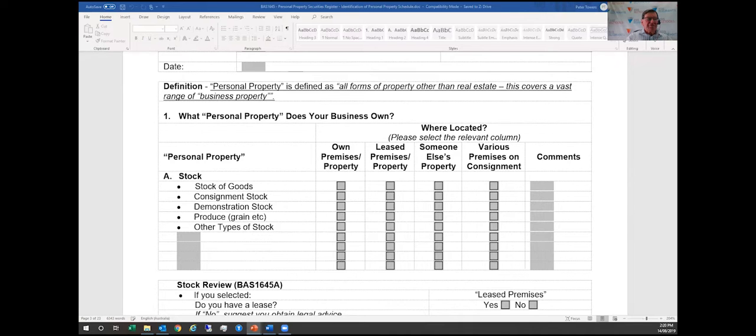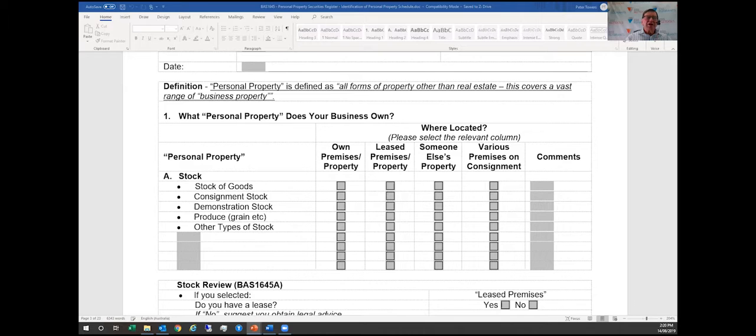In stock, we've dissected stock into some components, really to alert you to be asking those questions to your client. Did you have consignment stock? Did you have a demonstration stock? And we've made provision for you to add some other categories if your client's got some peculiar definitions or namings of stock.